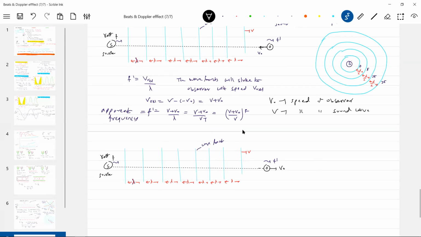Tell me, what is v relative in this case? Plus v. Okay, agree, this is the condition. So then what is the apparent frequency? f dash is v relative by lambda. What is v relative? v minus v naught. What is lambda? vT. So this will become the apparent frequency.